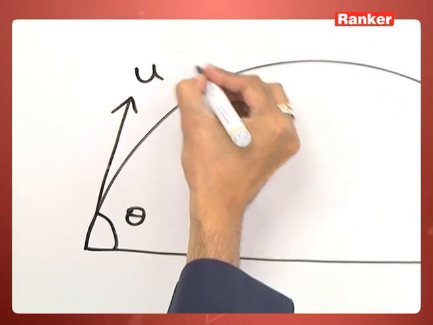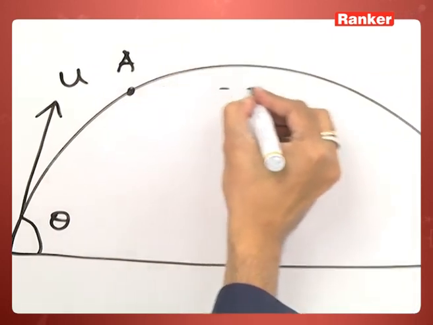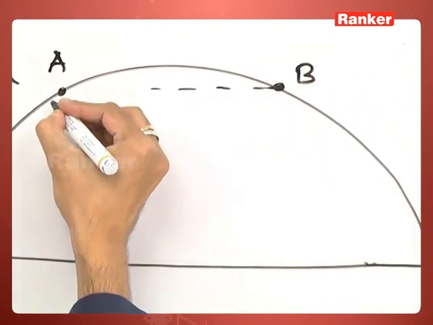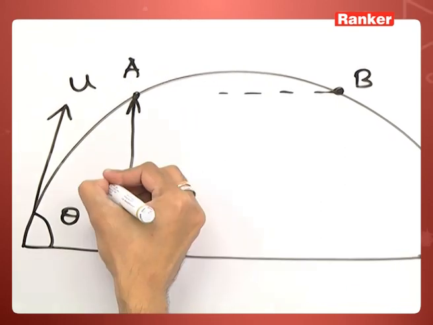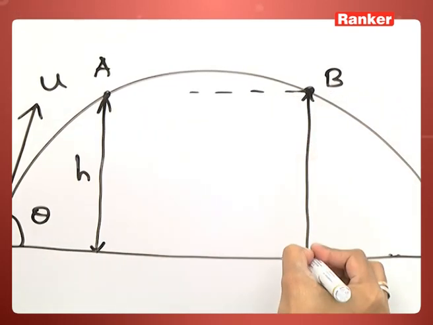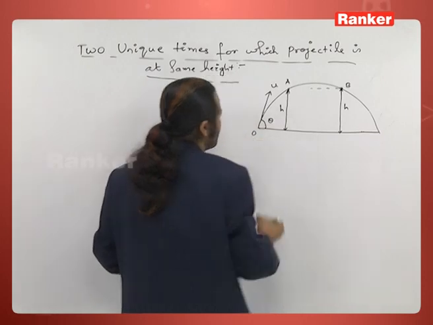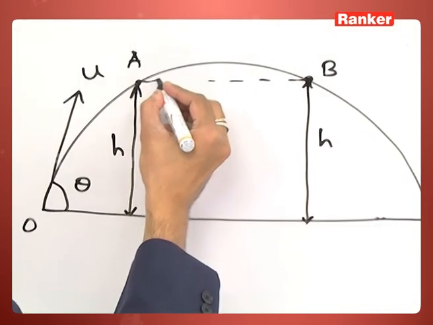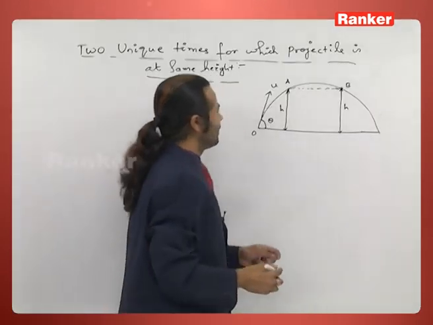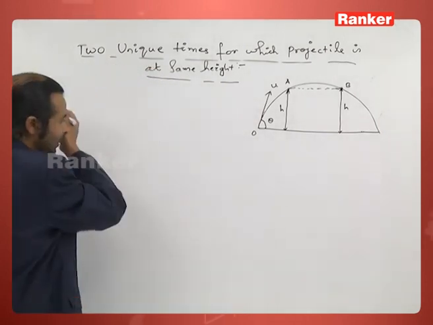Let us take these 2 points, A point and B point, which are at a height h. So there are 2 points A and B which are at the same height. So let us calculate the times.